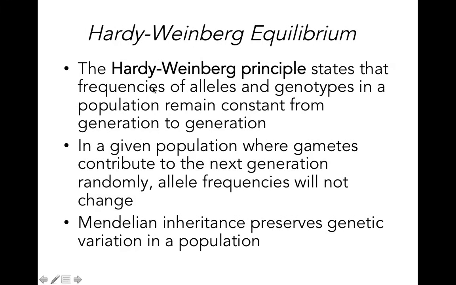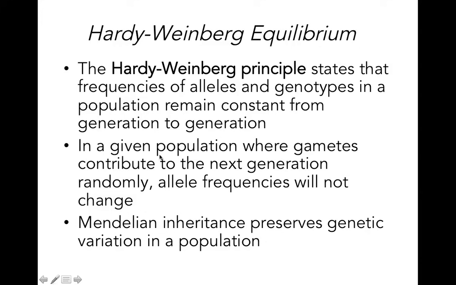What the Hardy-Weinberg principle states is that if certain conditions are met, the frequency of the alleles and the frequency of the genotypes in a population will not change. They will remain constant from one generation to the next. So we will see no microevolution, no change in allele frequency or in genotype frequency.